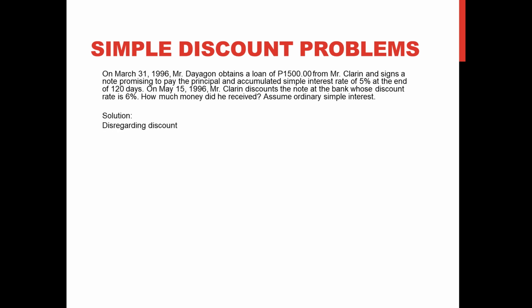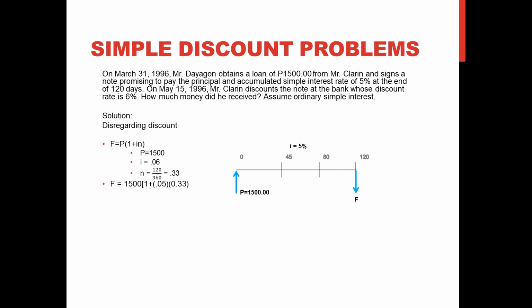So let us put that into cash flow diagram. First, if we disregard the discount, of course the present worth would equate to 1,500 pesos. And after 120 days, he's gonna pay a future value considering an I of 5%.